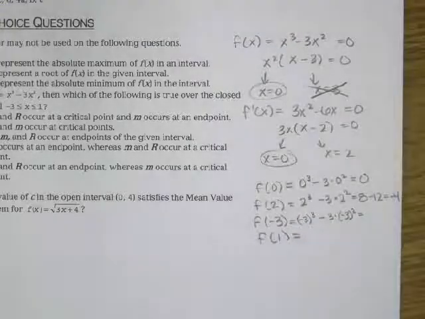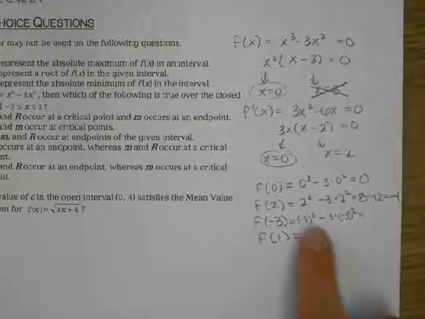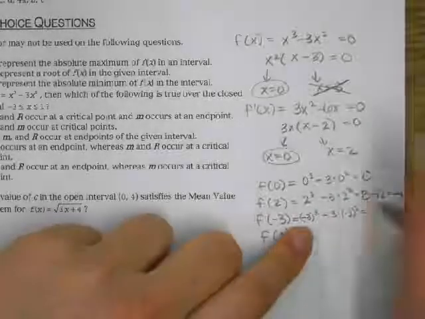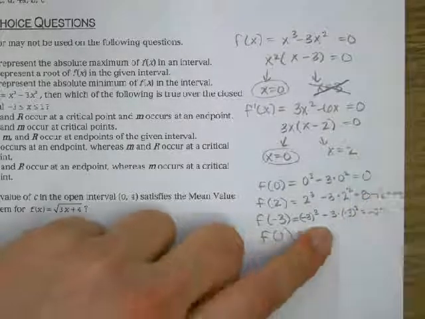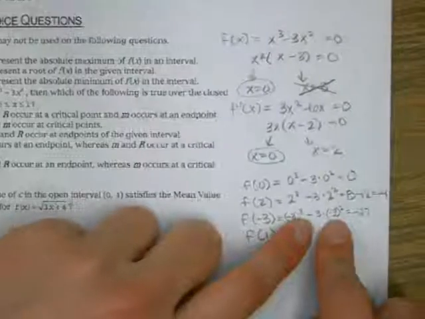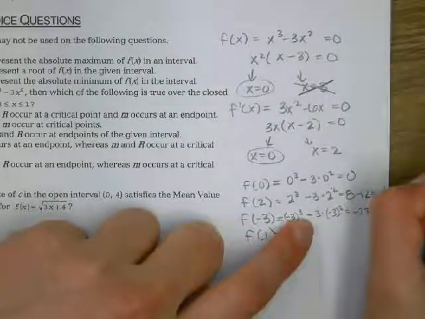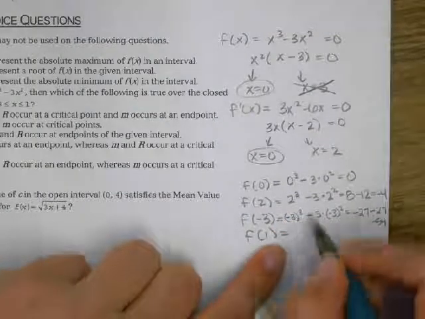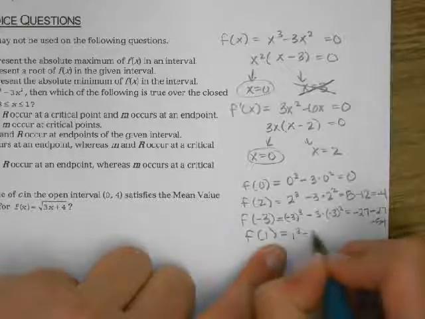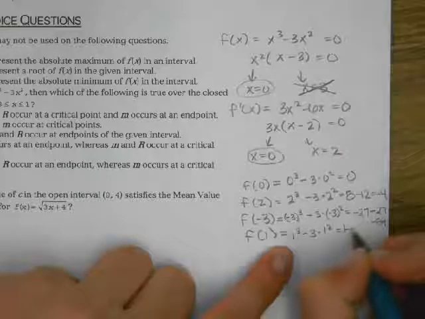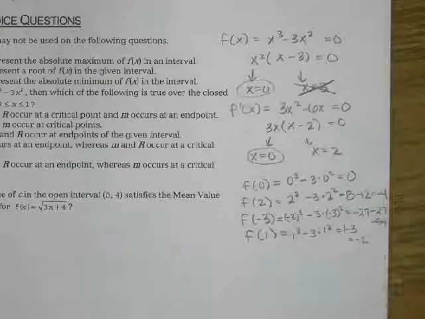And I will tell you honestly, I got this problem wrong because when I did -3 cubed, I forgot that it was still negative. So -3 cubed is -27. And then I've got -3 times +9, which is another -27. And that is -54. And then the last one, we've got 1 cubed minus 3 times 1 squared, which is 1 minus 3, which is -2.